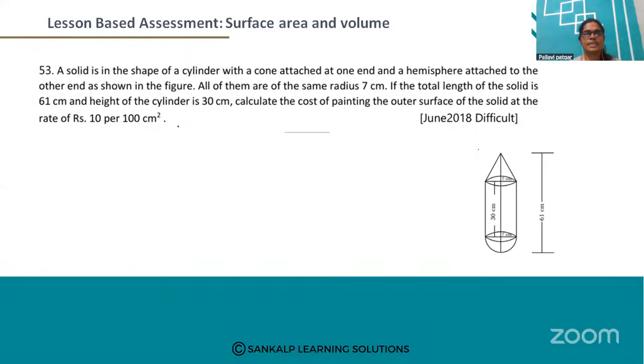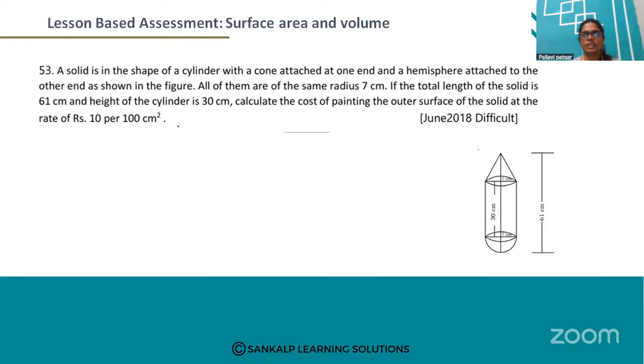A solid is in the shape of a cylinder with a cone attached at one end and a hemisphere attached to the other end as shown in the figure. All of them are of the same radius, 7 centimeter.